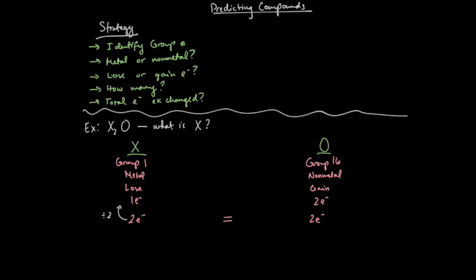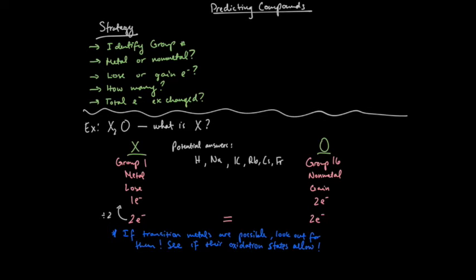So let's look at our potential answers. Those in group 1 could be hydrogen, sodium, potassium, rubidium, cesium, francium. These are all potential answers for our problem. This is hypothetical, not realistic, just so you know. Now, in the event that we have transition metals, you want to look out for them. You're going to check the periodic table on the reference sheets and see their oxidation states.